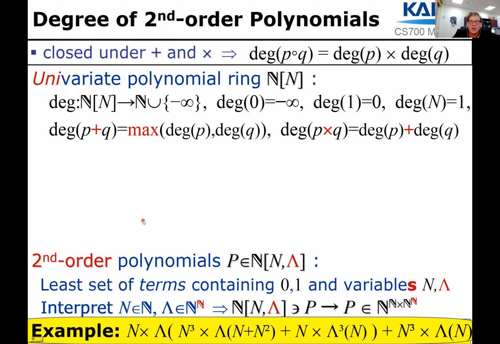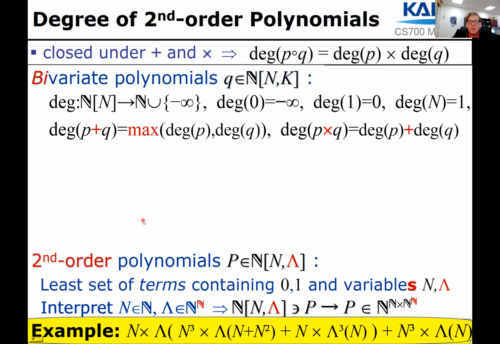And now we move on to bivariate polynomials in two variables. And here we only need to add another definition, namely the degree of the second variable is also 1, naturally. And everything else remains the same. The degree of the sum is the maximum, the degree of the product is the sum of the degrees. And I leave it to you to prove, for example, by structural induction, that still the degree of the composition is the product of the degrees.